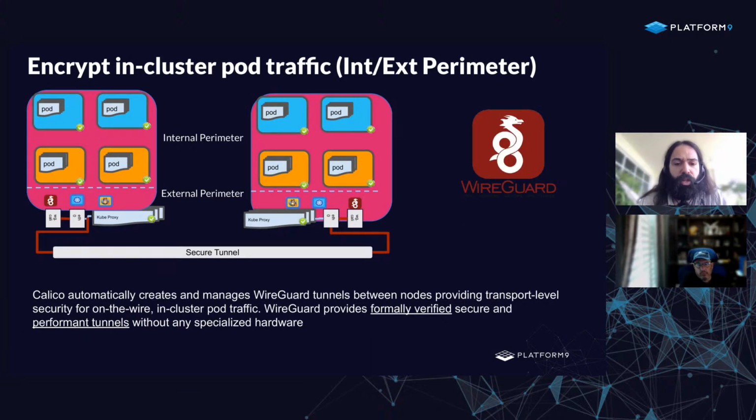All right. One of the coolest features about Calico is that Calico can encrypt traffic east-west by simply adding a specific manifest and a configuration file. Why should we consider this?